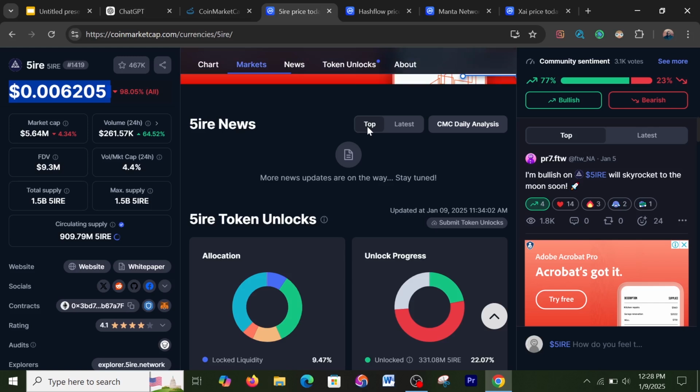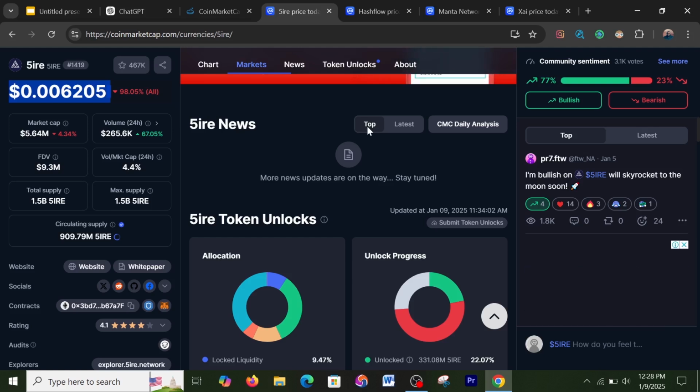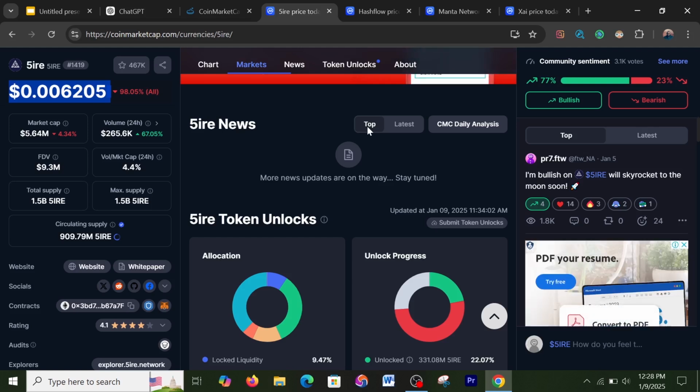Next, you want to ensure that the team is active and there are development updates. Next, you want to use the related tokens concept and make sure that other tokens that are similar to it are higher than the token you're analyzing, to ensure that the token is undervalued.